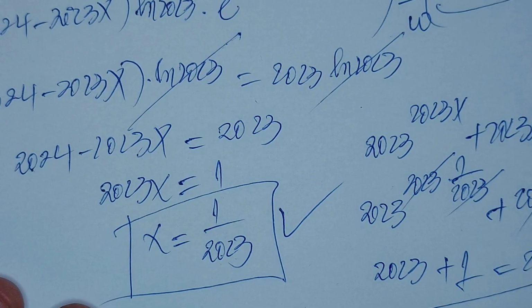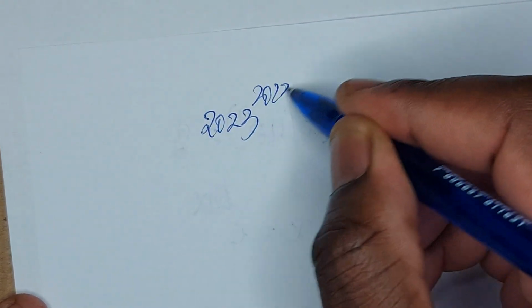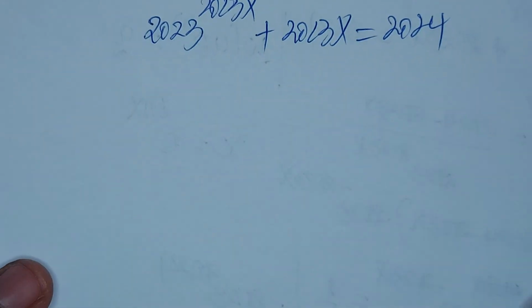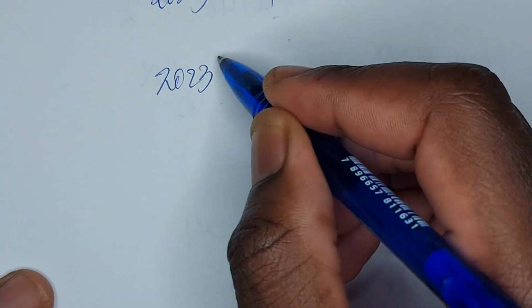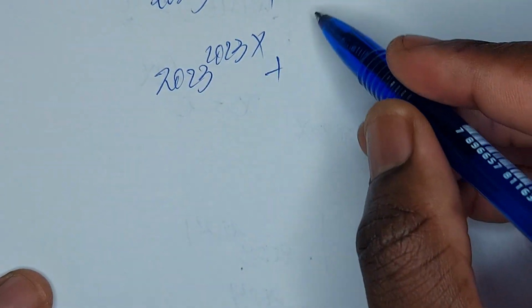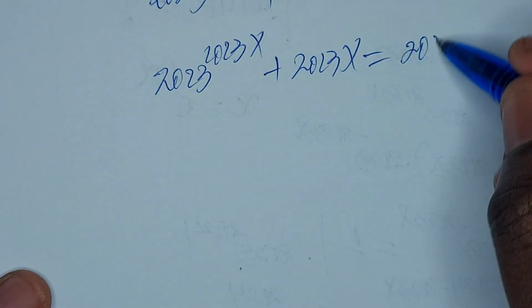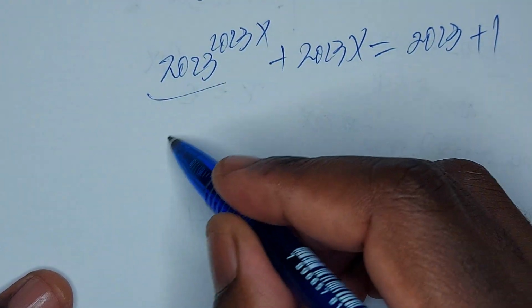Now let's think: if I was not going to use the Lambert function here, I would just say this. We have 2023 to the power of 2023x plus 2023x equals 2024, and 2024 is 2023 plus 1.